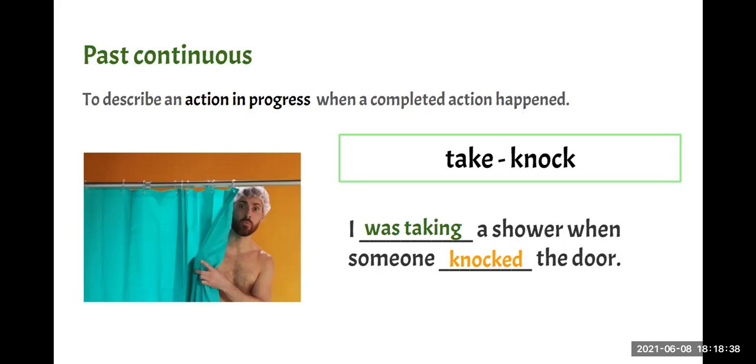So it's a longer action and another action that interrupts this longer action. Something very common that you are going to see in this kind of sentences is this word, when. Okay, so we use this word to join these two actions. Para unir estas dos acciones, esta palabra es muy común. Okay, when.